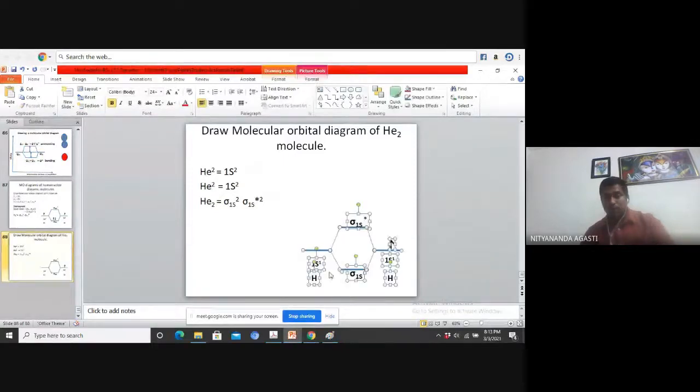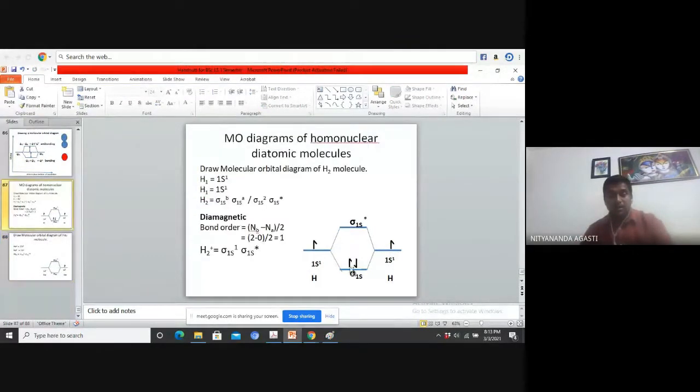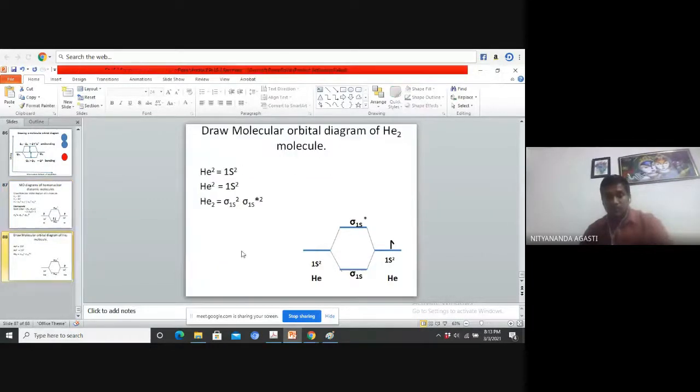Right? So what is the atom on this side instead of hydrogen? It's helium. Helium on two sides. What is the configuration? This side, it's 1s2. Write down the electronic configurations.